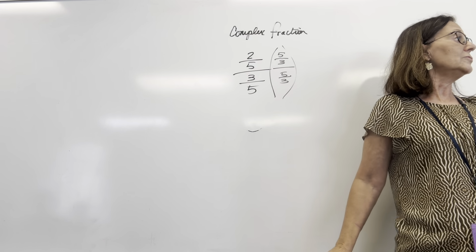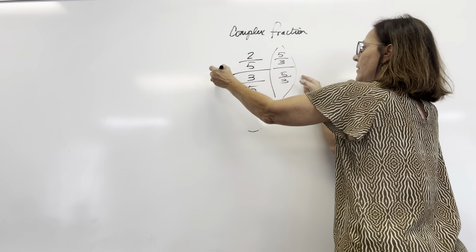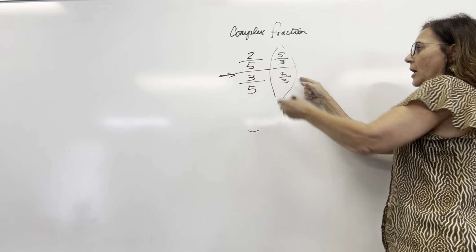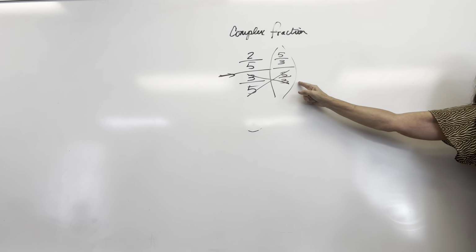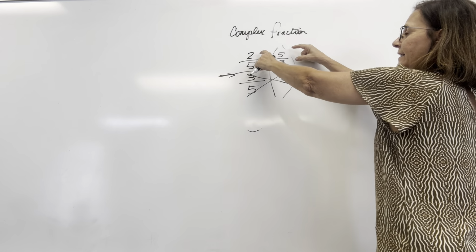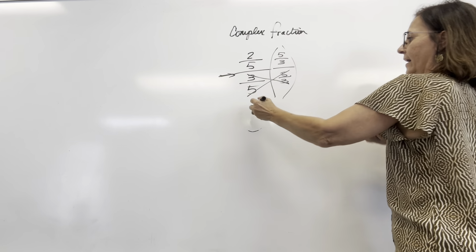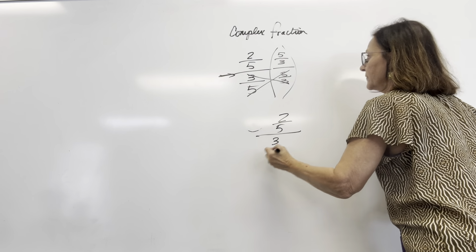When you multiply by this over itself, remember, here's my middle fraction line. The denominator cancels. And, okay, I want to rewrite the original because I want to show you something.